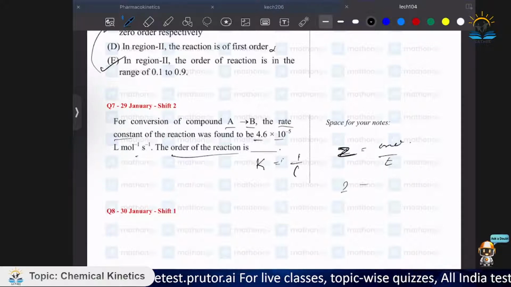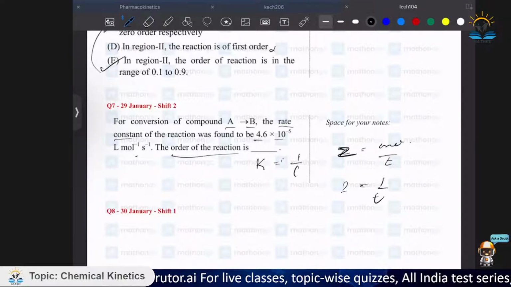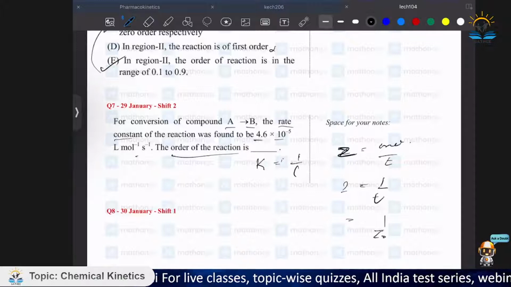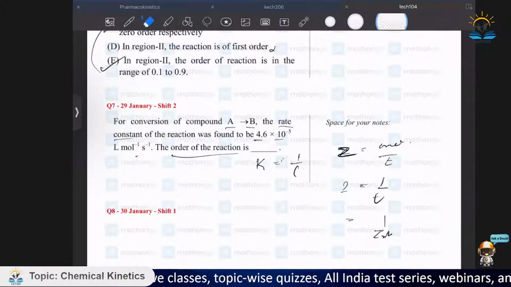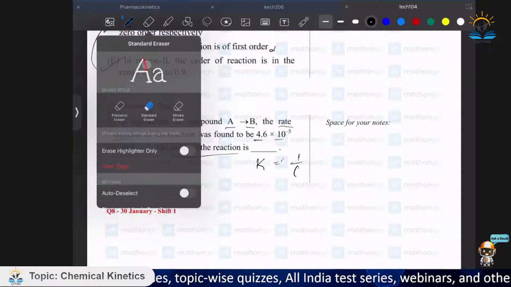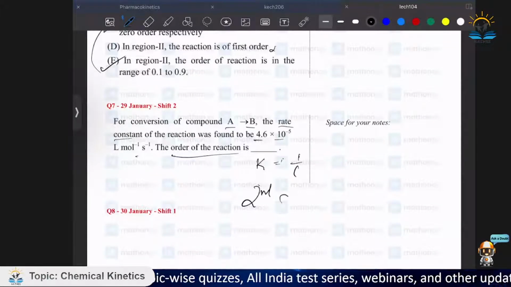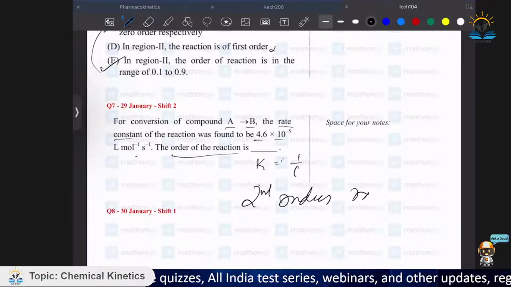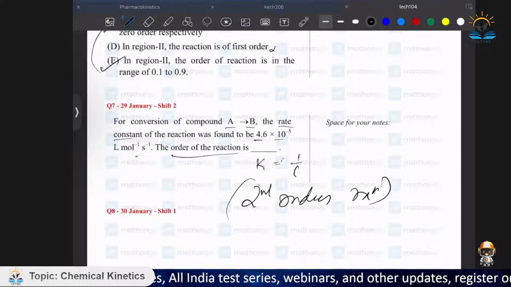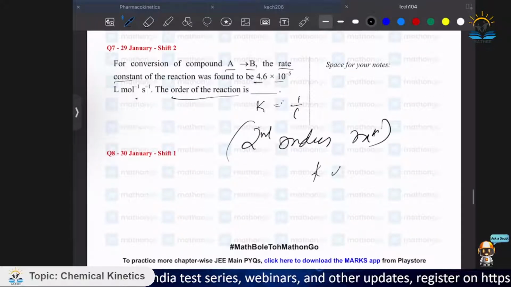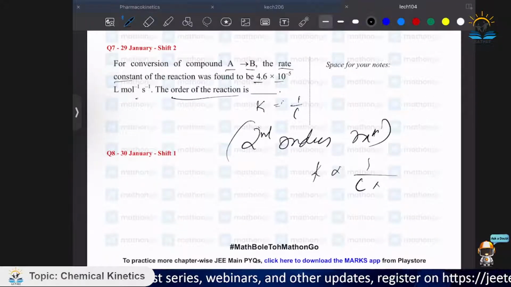For first order, it is just 1 by time. Second order, it is 1 by concentration into time. So by reasoning, we can say this is a second order reaction because rate constant is inversely proportional to concentration into time.